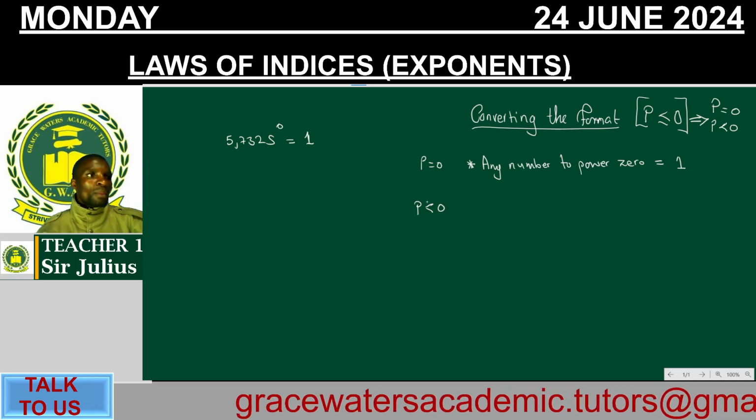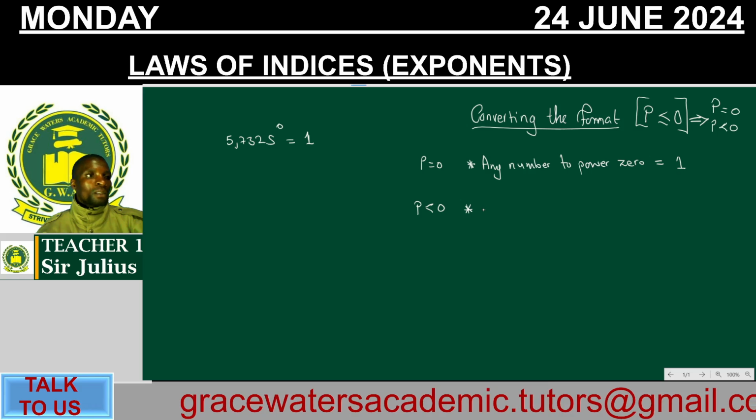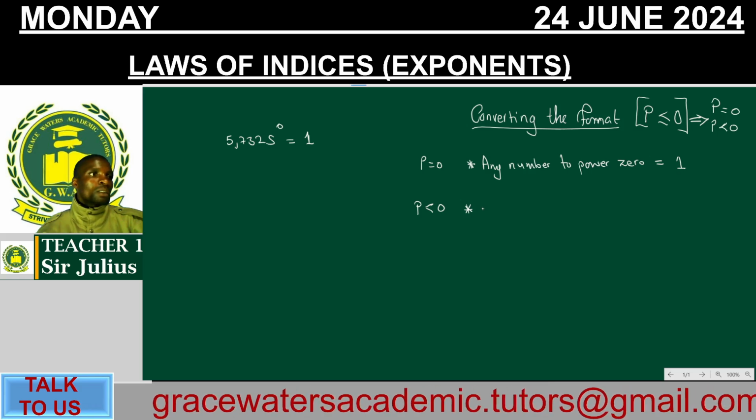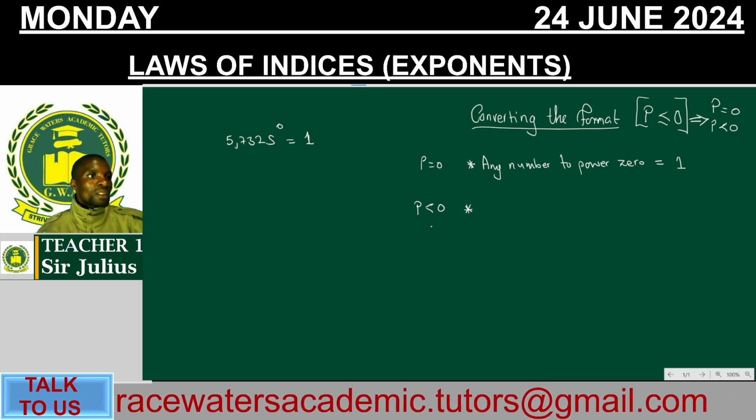Okay, and then let's consider this other example. Now, when the power is less than 0, it means that the power is a negative.